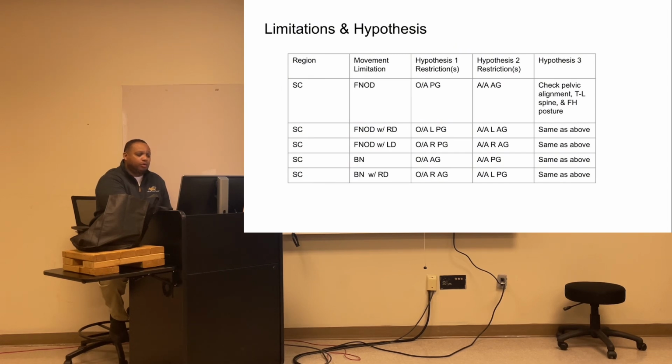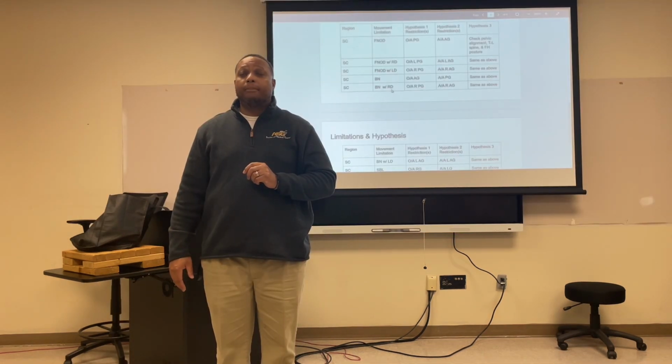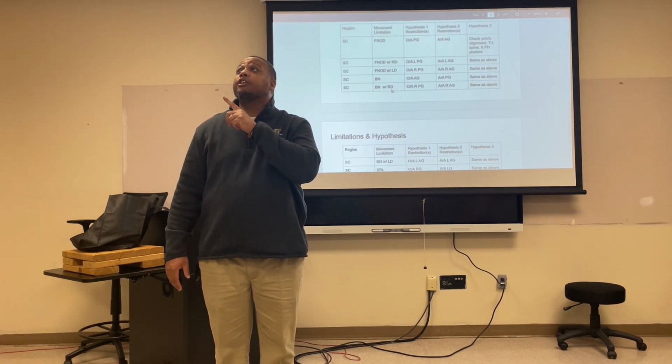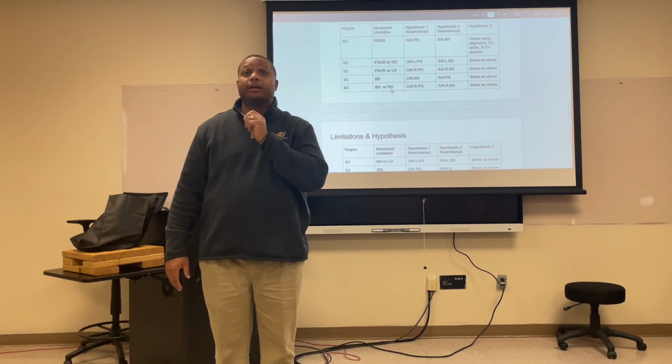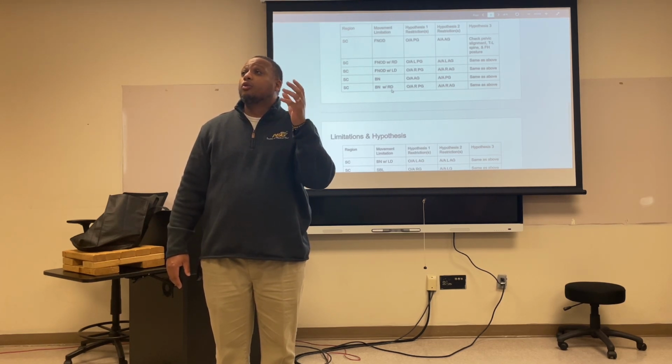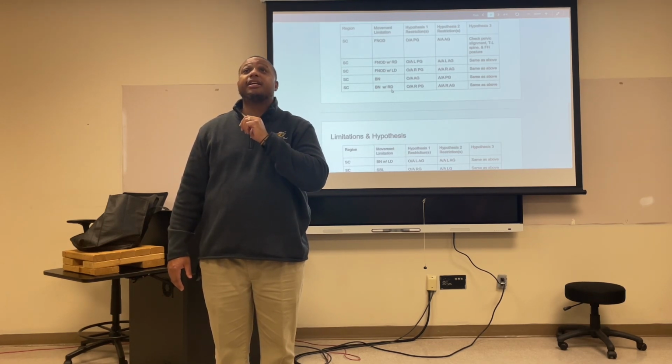Backwards nodding with right deviation. So I backwards nod and deviate to the right. You see I'm deviating to the right. My chin is deviating to the right with a backwards nod. Now we have to be able to visualize and try to feel ourselves what is likely not happening, the reason why I'm deviating and not going straight back like so.